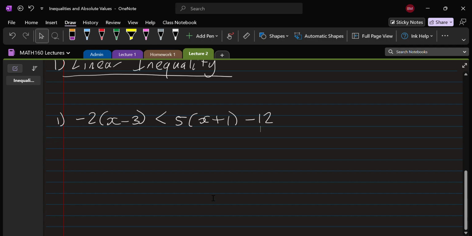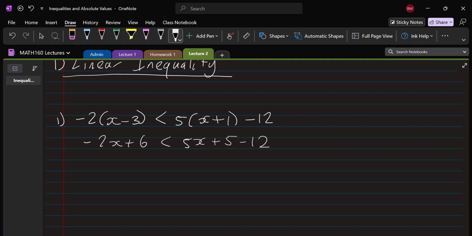The aim of the game is to find the possible values of x. Just like an equation, you want to solve for x, but in the case of an equation, it's one value of x. Here it's going to be some interval because of the inequality. So we simplify as much as possible. On the left-hand side, we can write this as minus 2x plus 6 is less than 5x plus 5 minus 12, just expanding things out.